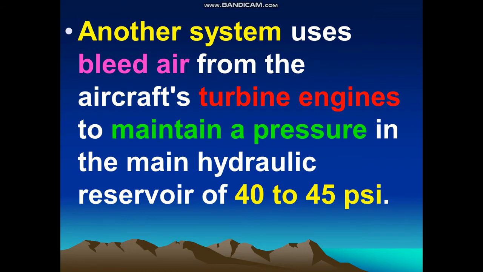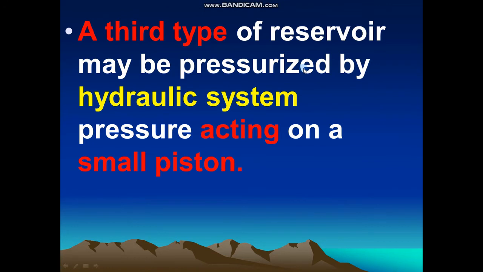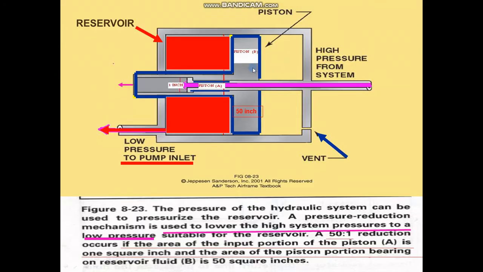40 to 45 psi. A third type of reservoir may be pressurized by hydraulic system pressure acting on a small piston. As we see here, this is the piston and cylinder. The pressure of a hydraulic system can be used to pressurize the reservoir.